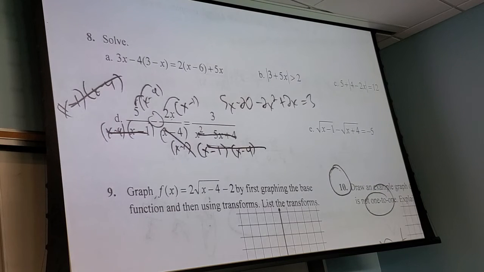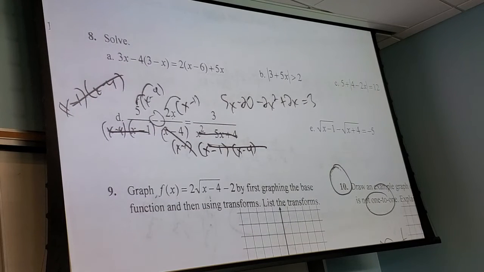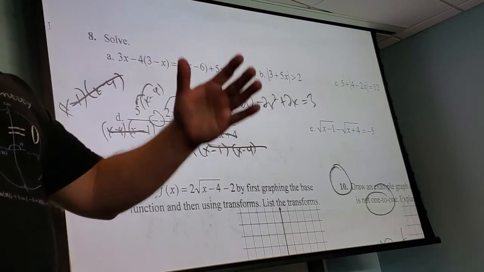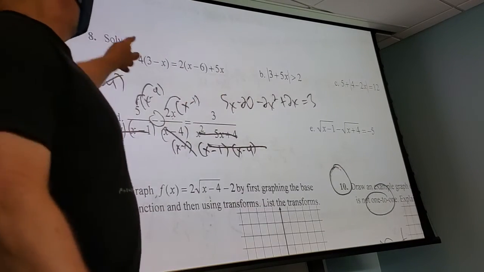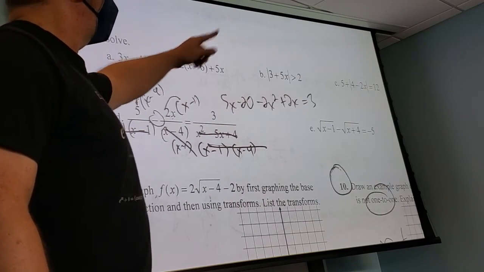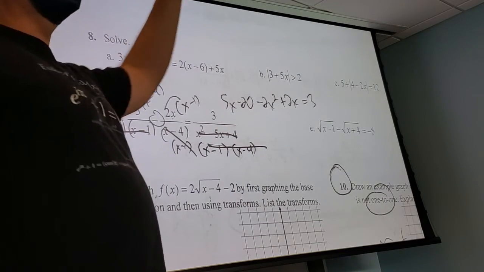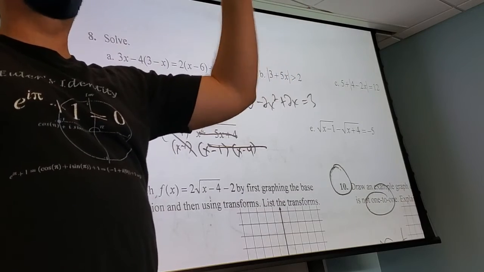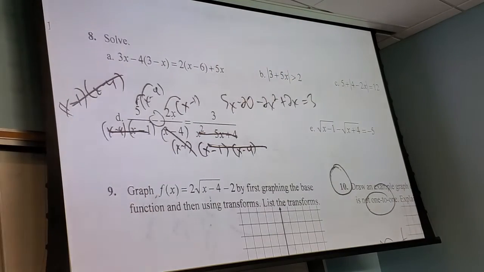And then how would you solve that? Combine like terms. You have an x squared piece, which means I'm going to have to set it equal to 0 so I can factor. I would move everything to the 3 side because that would make my x squared term positive, which makes factoring easier. Let's see what I did on that answer key.